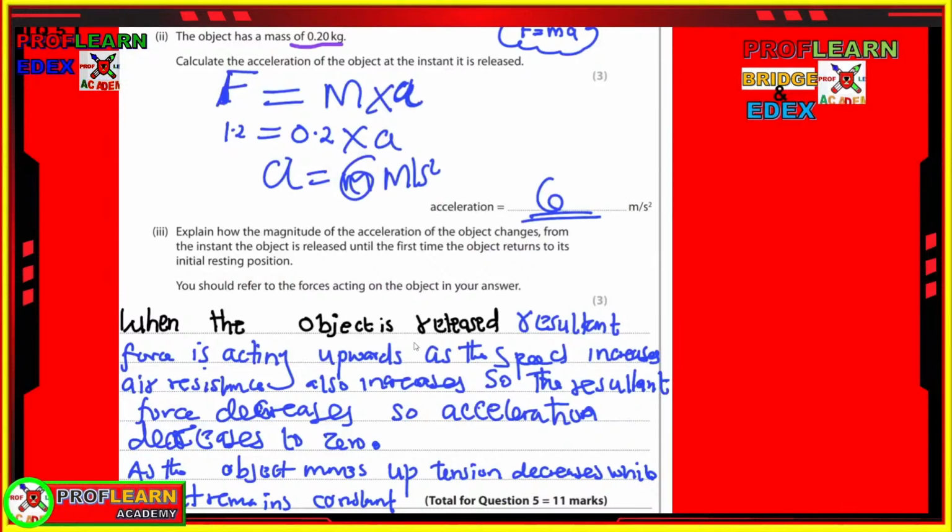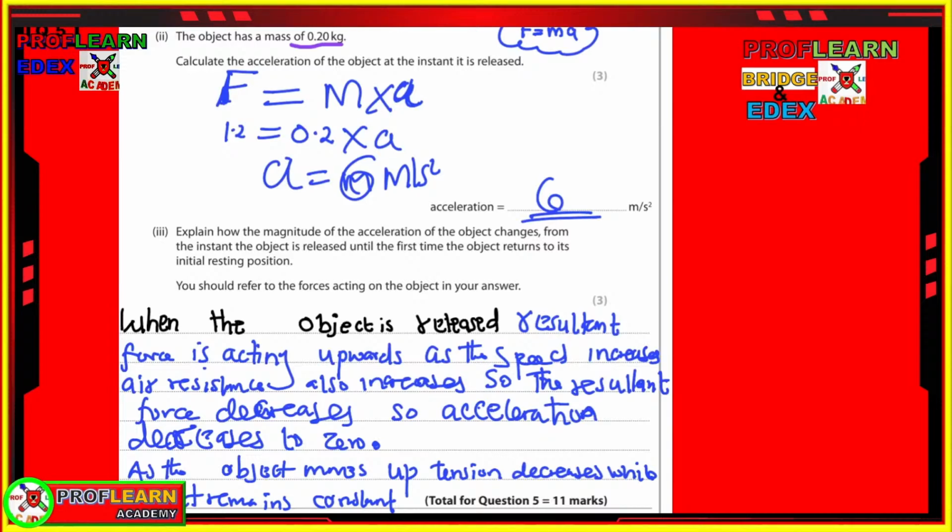There will be a greater upward force. So the moment it's released, there will be a greater upward force because the tension will be so strong that it will pull the object to move up. So the moment the object starts moving upwards, the speed of the object will increase, and at that point air resistance also will increase.